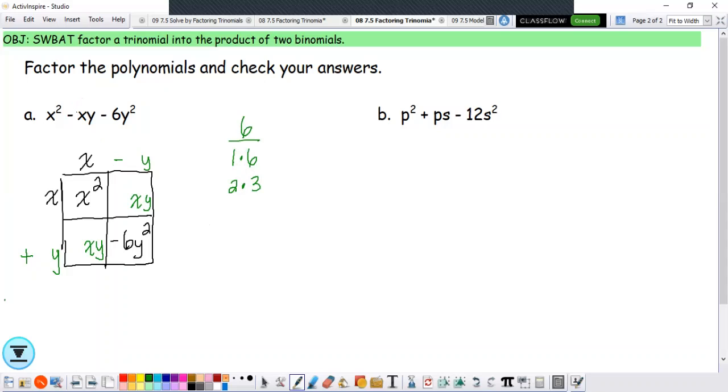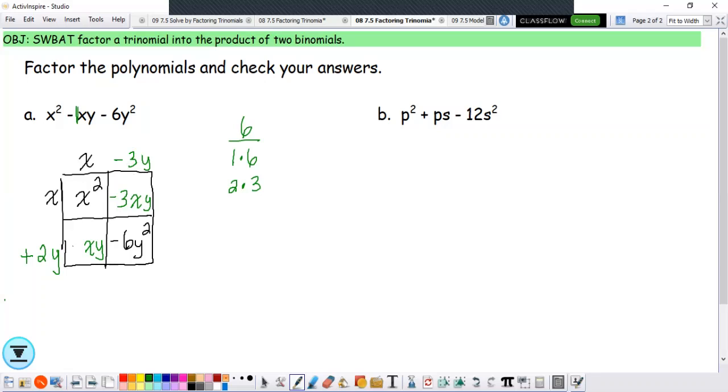Now, I don't see a coefficient on this xy in the middle. Keep in mind that's a negative 1 xy. So we need our factor pair to give us a negative 1. If I use 2 and 3, if the 3 is my negative, negative 3 plus 2 should give me negative 1. So negative 3y times x is negative 3xy.